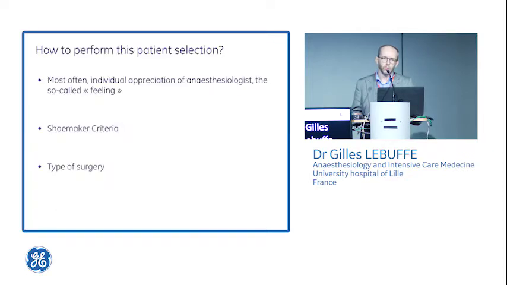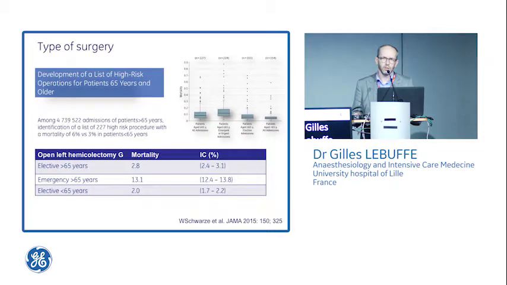Another important point is the type of surgery. When we look at this study, it was an analysis of 5 million admissions in different hospitals, and the authors identified 200 high-risk surgical patients. They also said that the age of the patient significantly increased the mortality.